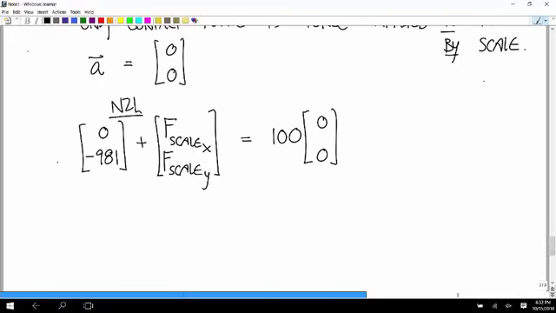And now we can break this equation up into an X component and a Y component. The X equation says 0 plus F scale X is equal to 100 times 0, so 0. And so F scale X is equal to 0.